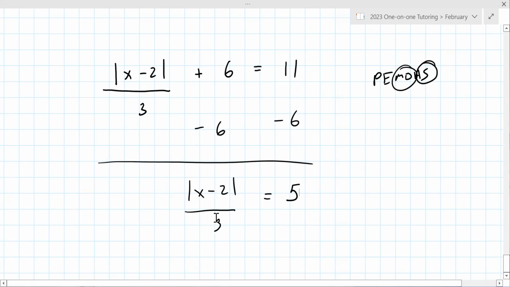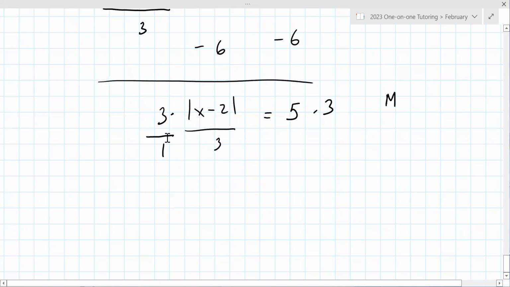Now, how do you undo this division? You multiply by 3 on both sides, yeah, the right side too. Now, this is kind of what you were asking me before. It's really 3 over 1. The reason you might need to think of it that way is because it's going to be 3 times the absolute value of x minus 2 over 3.